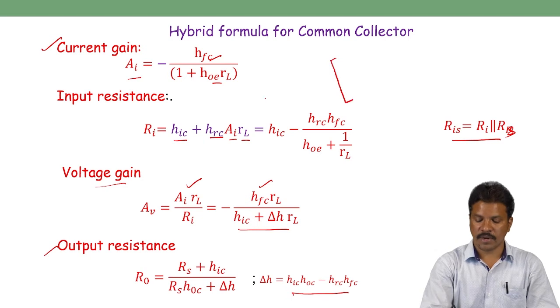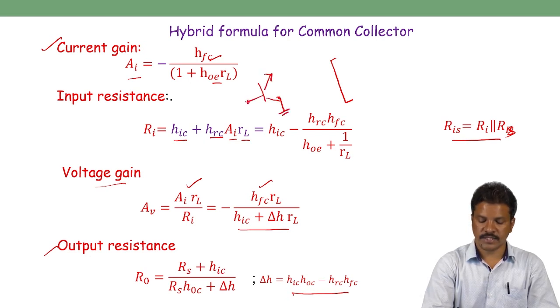In common collector, the collector is connected to ground, the base is input, and the emitter is output.